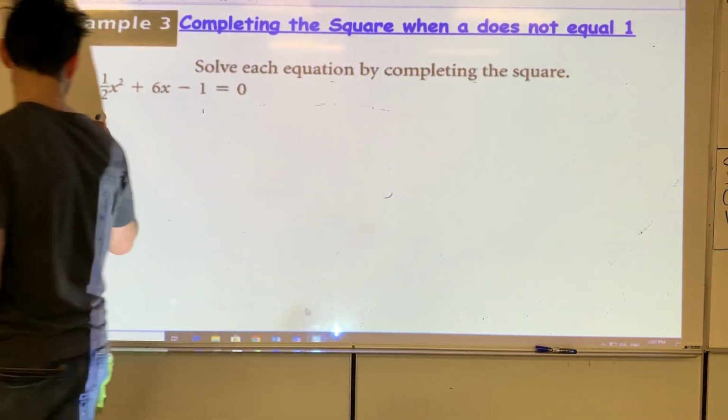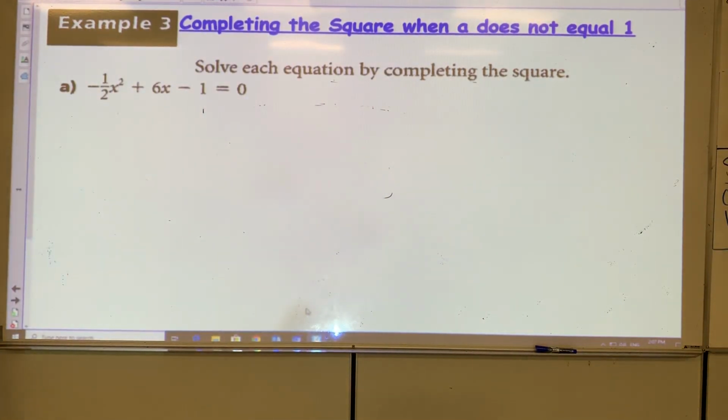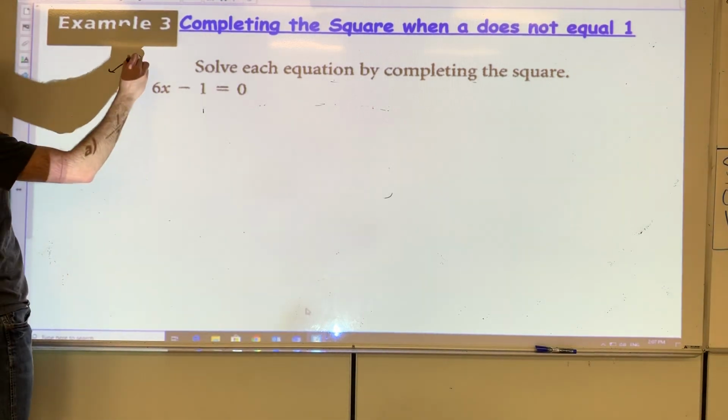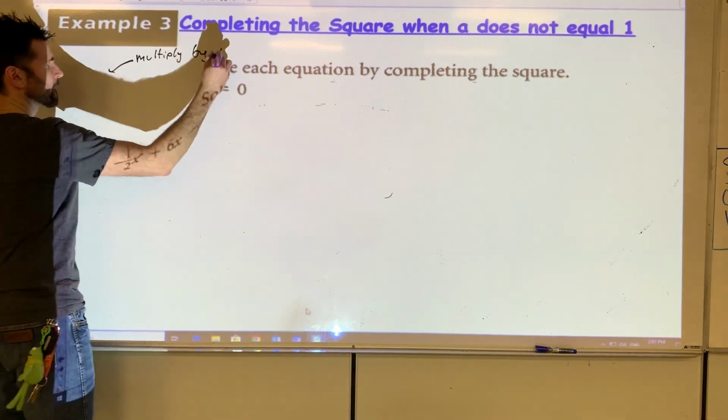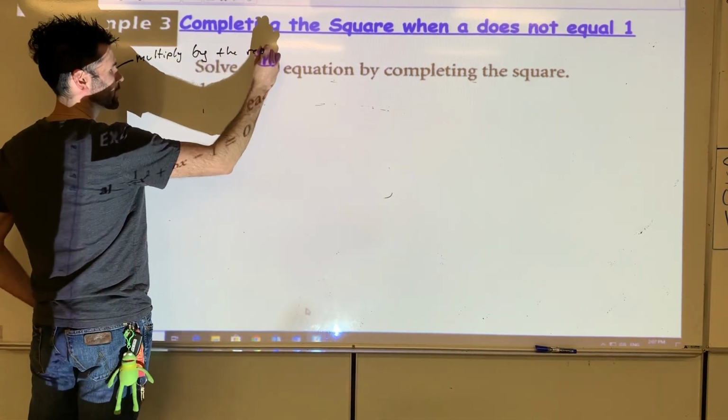Not plus 1. Now, two options. You can pull out the negative 0.5, or because it's an equation, you can multiply both sides by negative 2. I need positive 1 here. So whatever you do, you're going to multiply by the reciprocal. How do you get rid of a number?